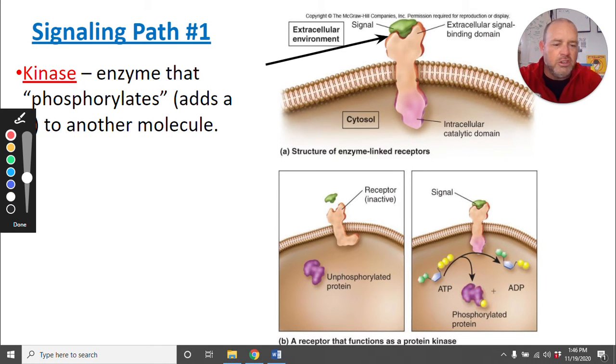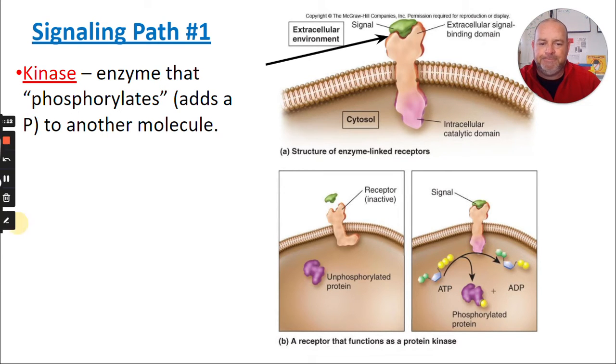And so because you added a phosphate to it, that protein was phosphorylated. And kinases generally do this. Kinases are enzymes, right? It ends in -ase. So a kinase is an enzyme that phosphorylates things. And when you phosphorylate something, you generally get some sort of trigger, some sort of reaction, something that's going to go do something. Okay? Phosphorylation will keep coming up, not only this unit, but down the road a little bit.